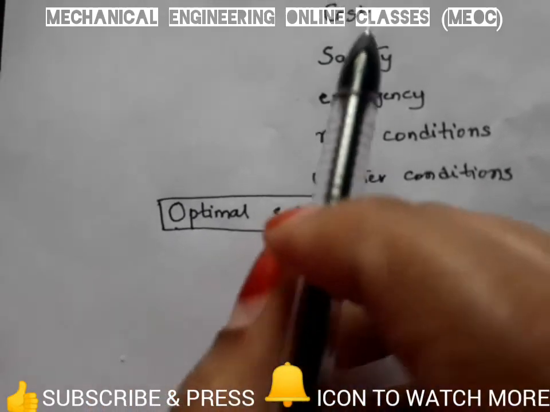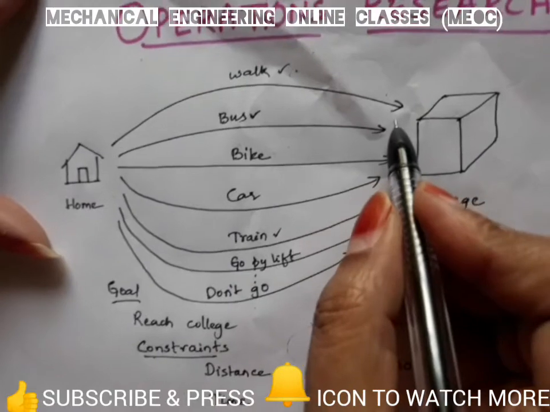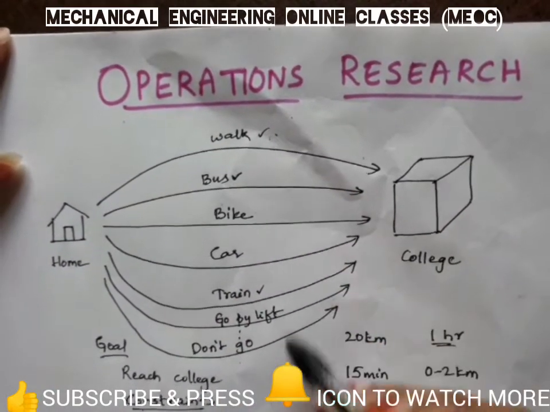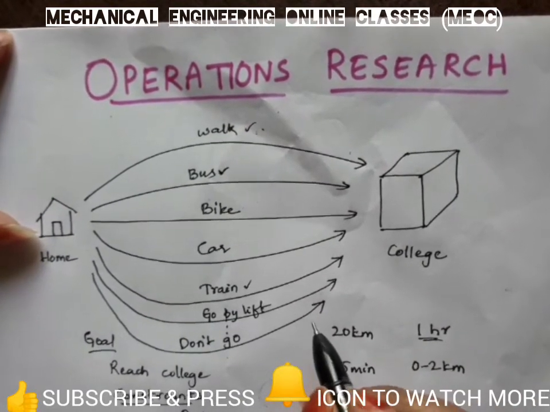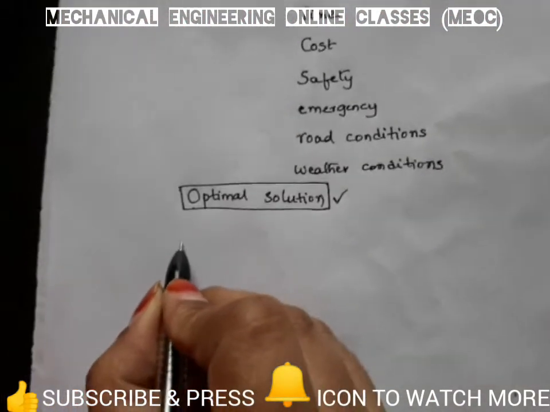Now here we have taken a simple real life example. Here we are not calculating anything in order to decide among all these things. For example, if you are running a mechanical industry, you will have so many goals.